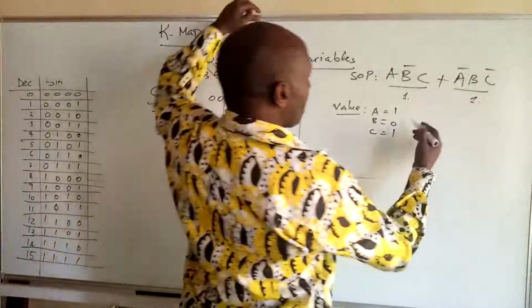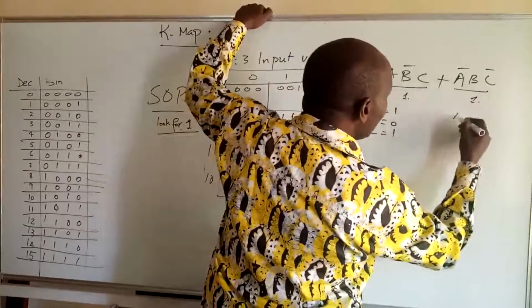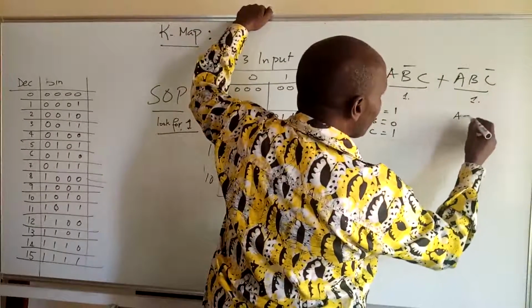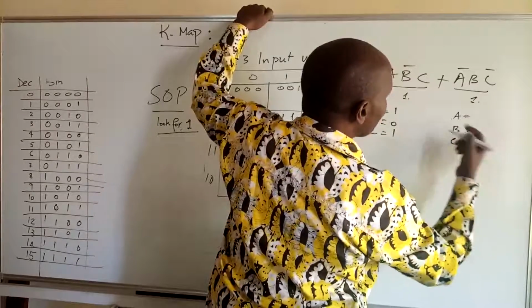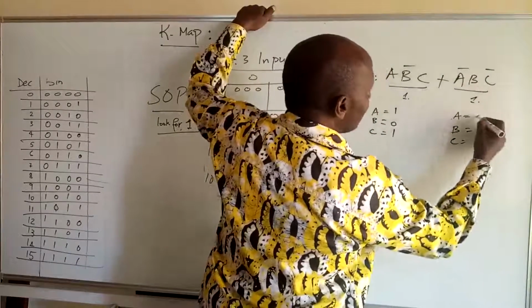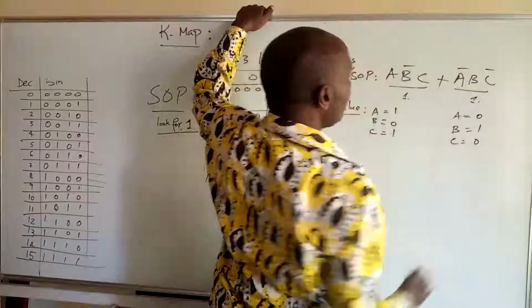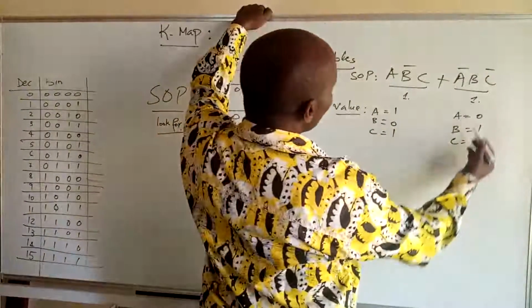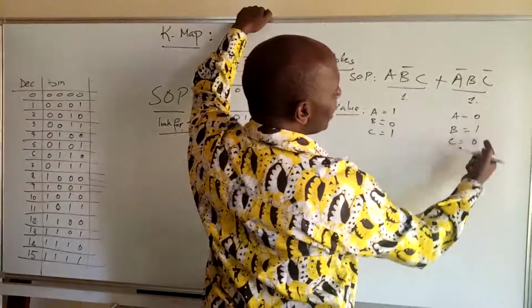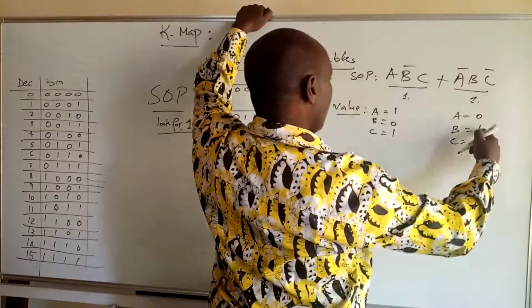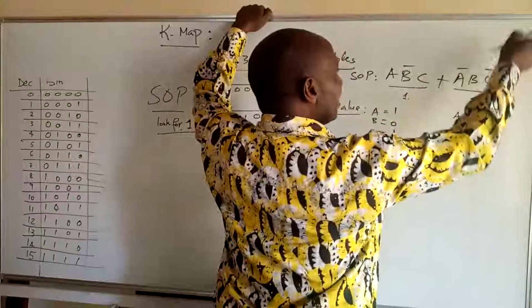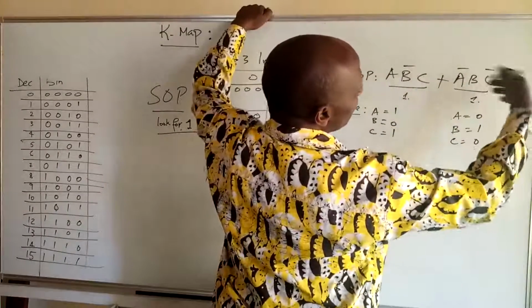Good. Now what is the value on this term? B, C, what are the values there? 0, 1, 0. Yes. We have the values here, 0, 1, 0, because 0 inverted, 1. So 1 times 1 times 1, it will be 1.